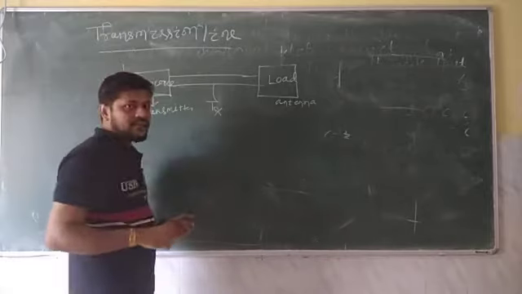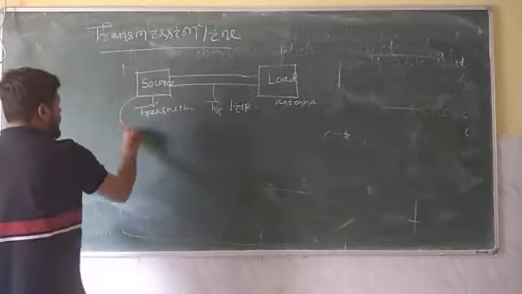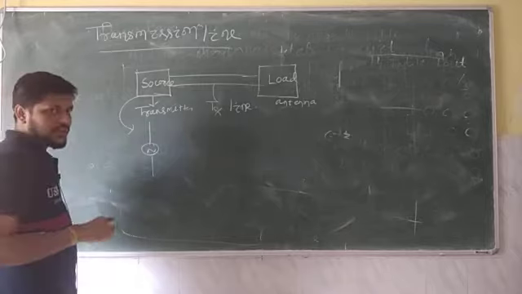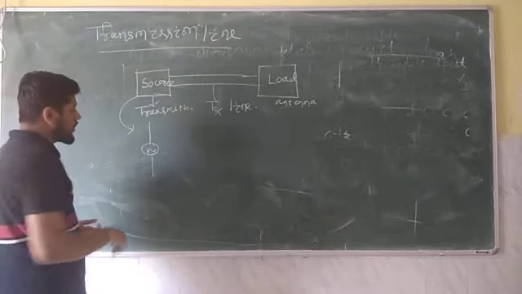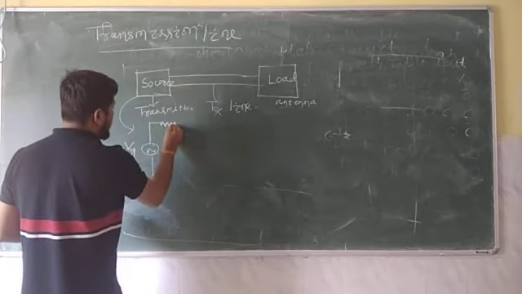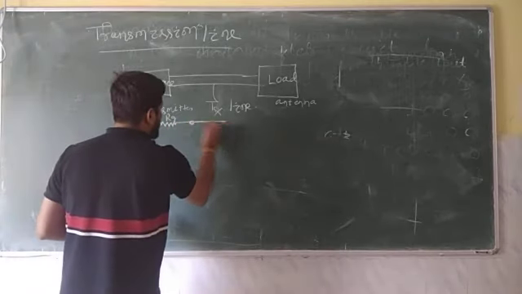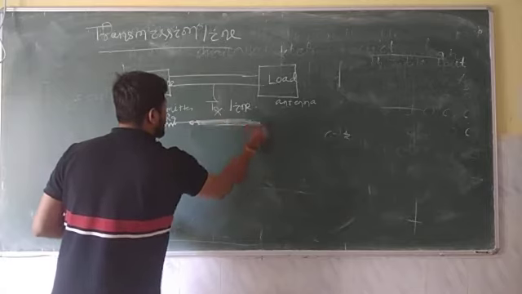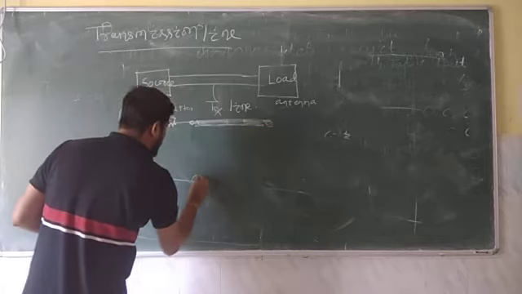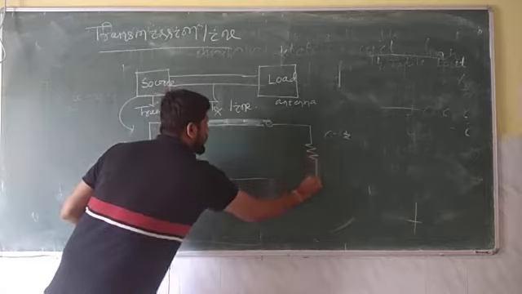I am denoting here TX, that is your transmission line. This source is represented as a voltage source, a Thevenin's equivalent circuit. Source is always represented by Thevenin's equivalent circuit, that is your VG, and it has some internal resistance RG, and it is connected now to the transmission line, and now this is connected to the load.